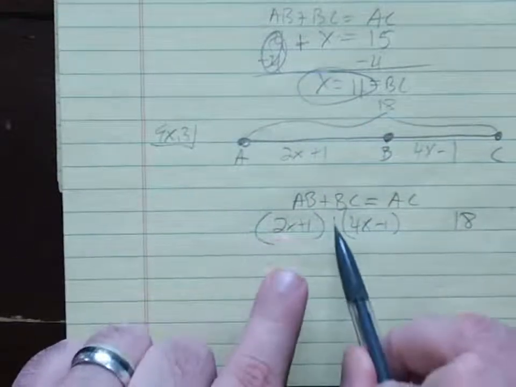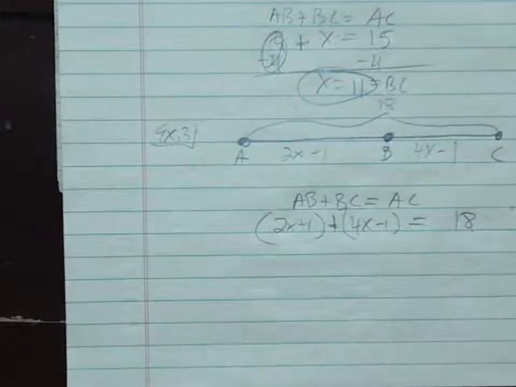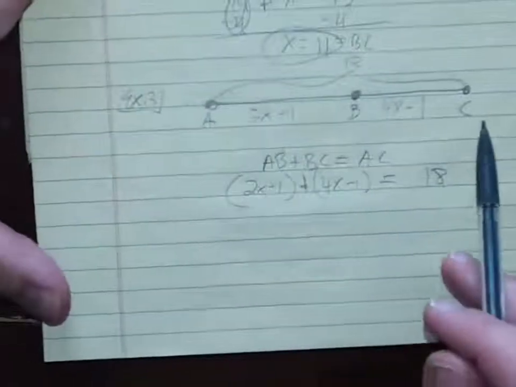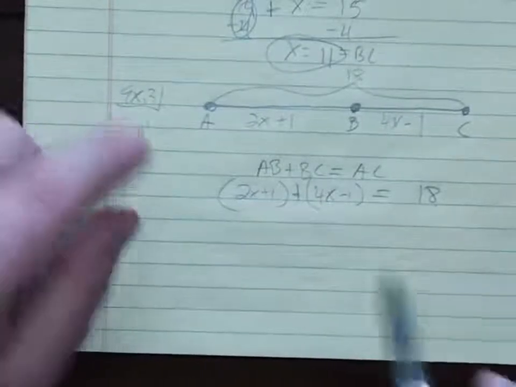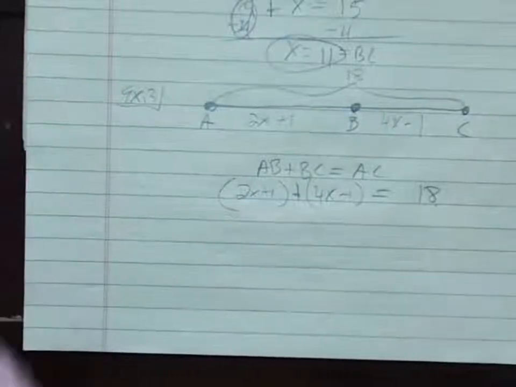When we add the 2 pieces, we get the whole. That hasn't changed. What changes is what we're substituting in to represent the lengths. We went from having just straight up lengths to having one length and one variable to now having an expression. It's more complex, but the basic idea hasn't changed. The 2 pieces add up to the whole. It's just what the pieces look like has changed.